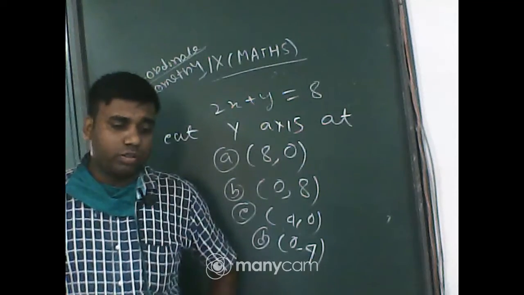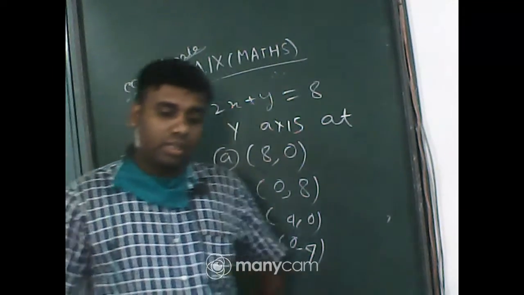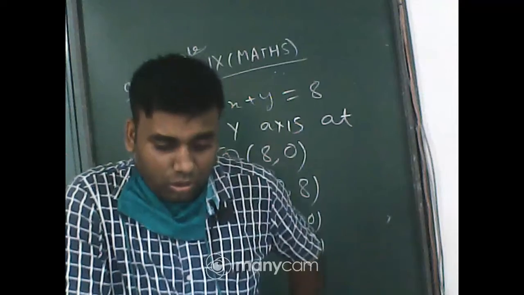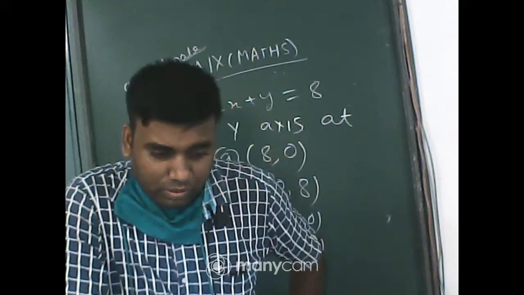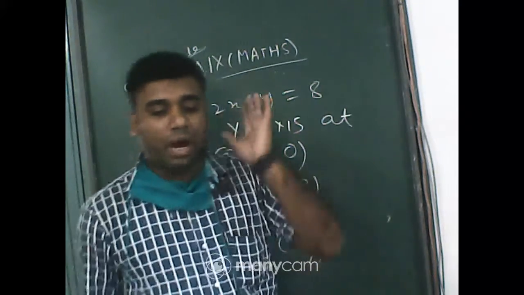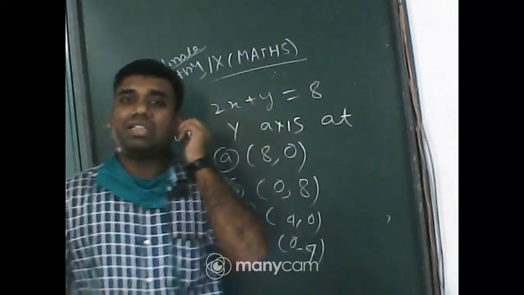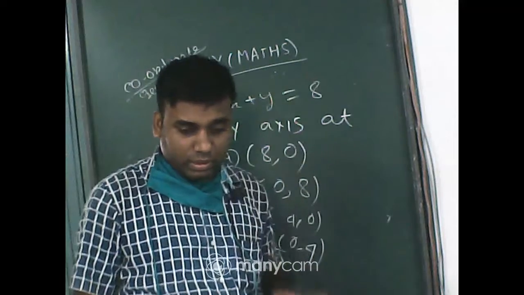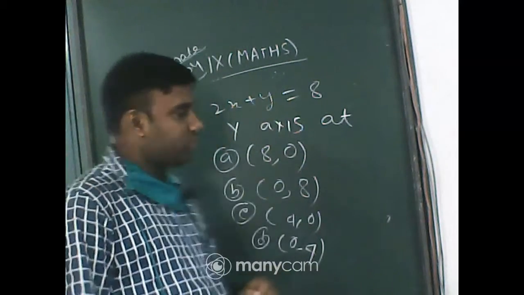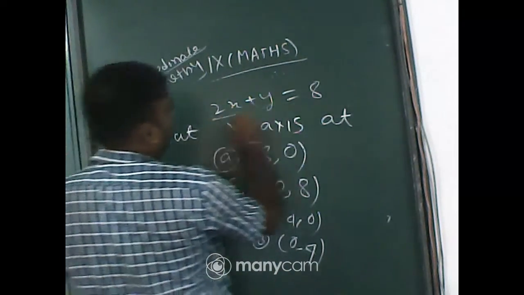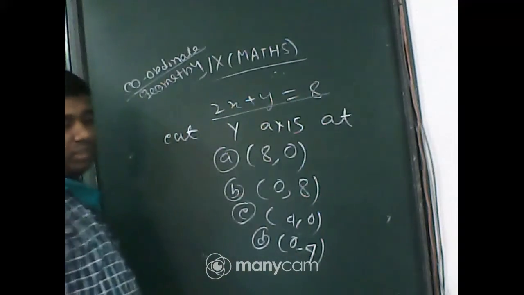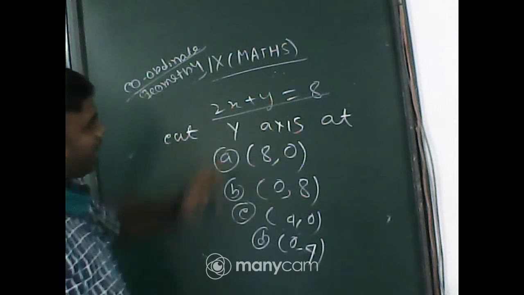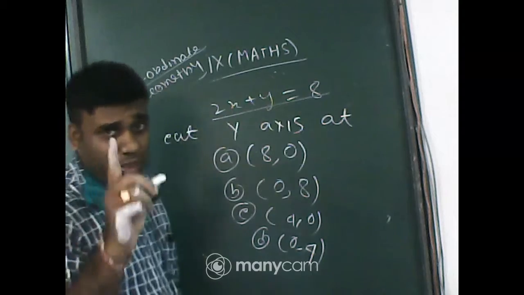Okay, so I am going to announce the answer. First tell me how to solve it, then I will declare the answer. Which one is correct? 2x plus y equals 8, cuts the y-axis, and only one student has given the right answer.